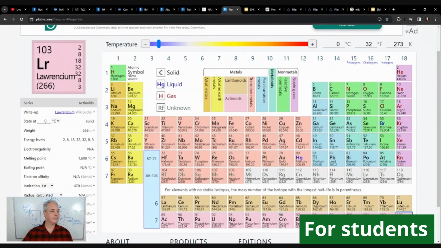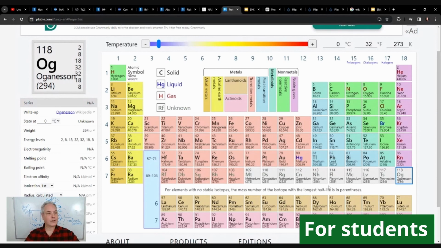So here we have lawrencium, and then you go here for the last bit with the flerovium. We have livermorium, and then we have oganesson. This is the element with the biggest atom we've ever noticed.